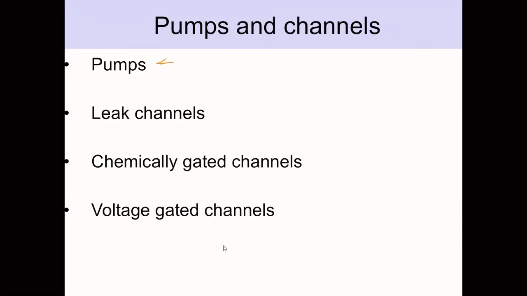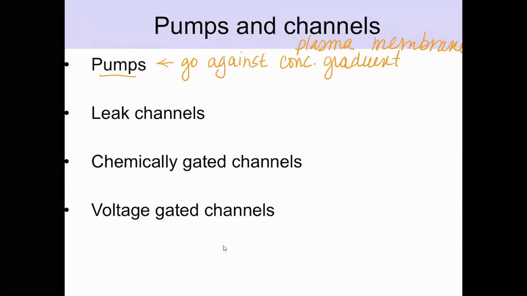So you have to remember pumps and channels. These are things located in the plasma membrane. Pumps are things that go against the concentration gradient, so it's going to be active transport.